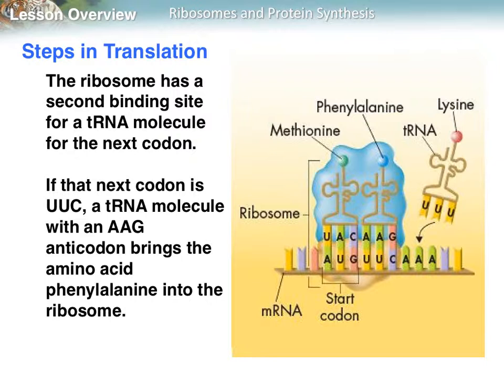For example, if the next codon is UUC, a tRNA molecule with an anticodon of AAG, this one, will bring the amino acid according to that circular chart we looked at. That circular chart indicates the amino acid phenylalanine. So now we have 2 amino acids in our ribosome.